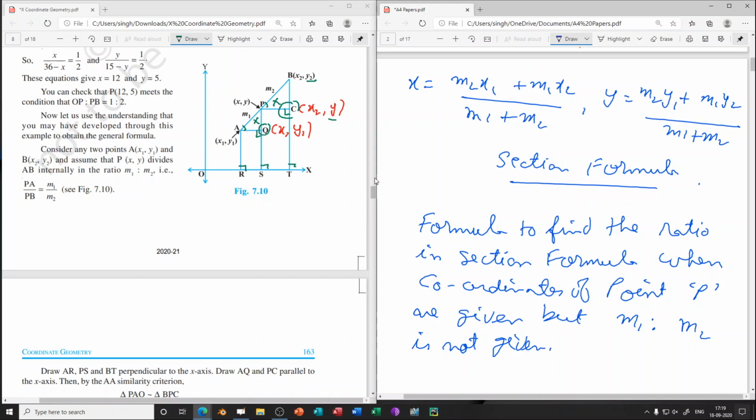So let us learn how to derive this. It's also a very simple one. The derivation is very simple.